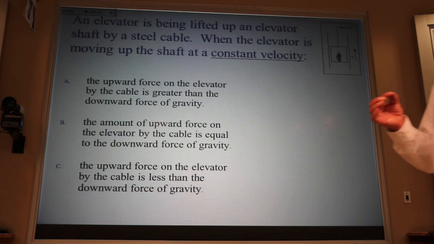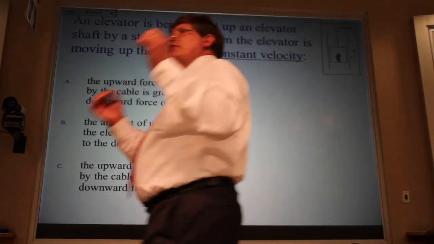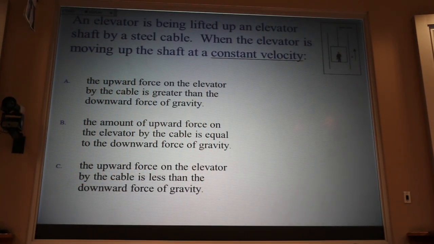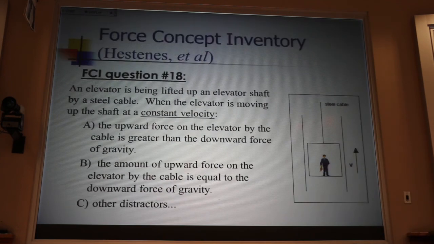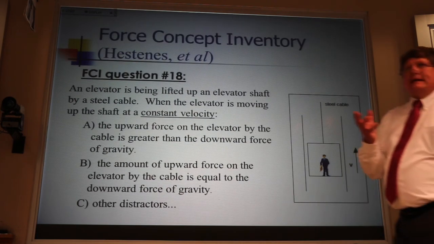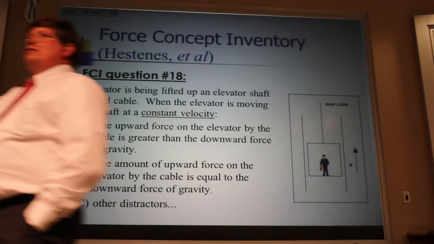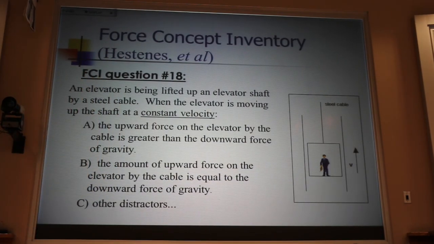These two questions are 2 of 30 questions on the Force Concept Inventory. The nastiest multiple choice test ever created. This was created by David Hestenes and his research group down in Arizona. What they did is they did interviews with hundreds of students and they found the most common wrong ideas.